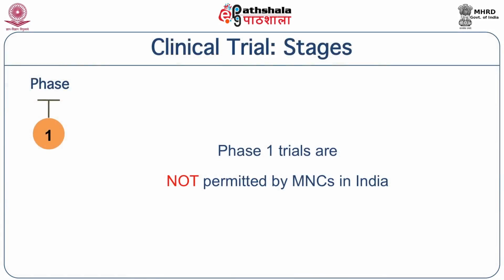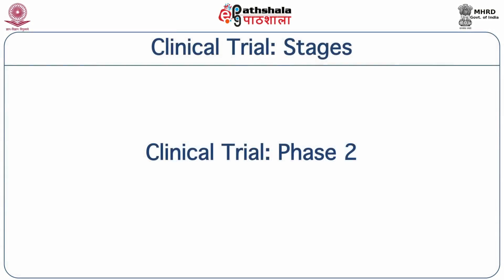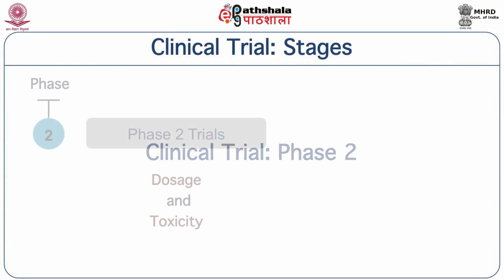It is done on a healthy human population, for the ultimate benefit of humanity and humankind. To tell you about the Indian case, phase 1 trials are not permitted by multinational companies in India. It's only the national companies which can do phase 1 trials. Once it is tested as safe and efficacious, then phase 2 trials can be carried out.